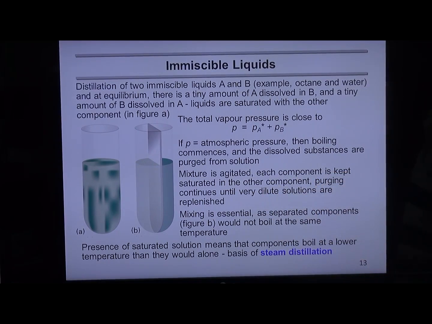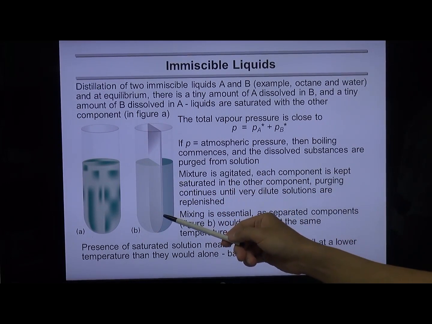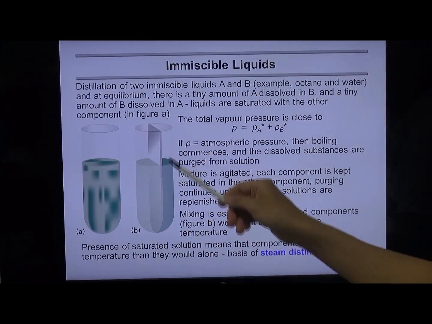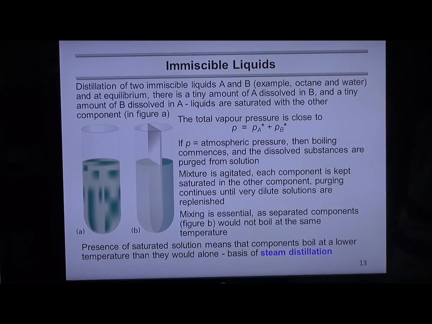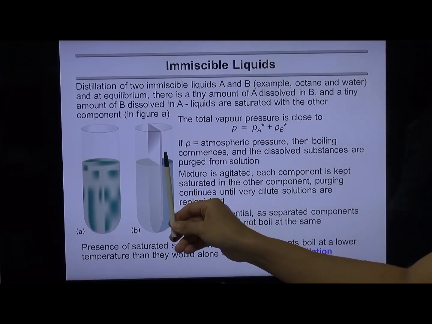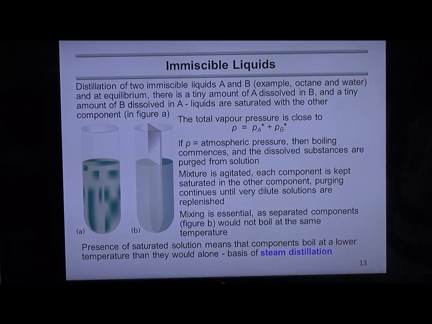Then the situation is something like this: both water and oil are open to the atmosphere, and it's like water and oil are separated by a vertical barrier.